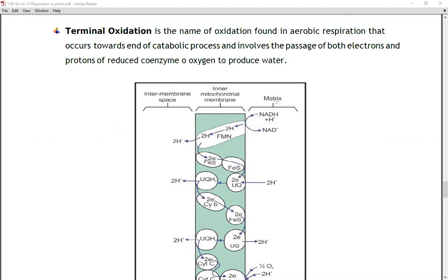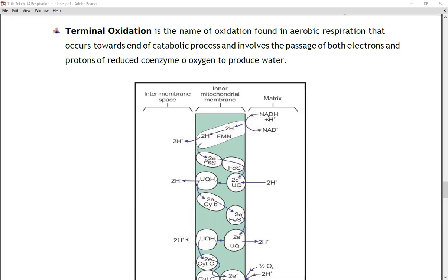Now whatever NADH2 were released in the citric acid cycle, or simply the TCA cycle, those NADH2 are entering inside the mitochondrial matrix. In the matrix you have NADH2. This NADH2 is going to be oxidized, and here there is an enzyme known as NADH dehydrogenase.